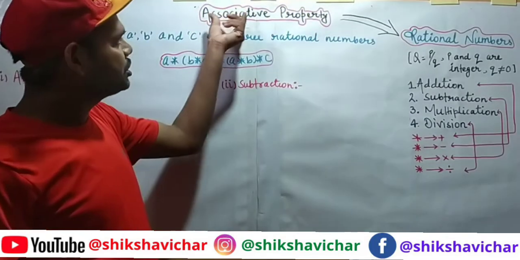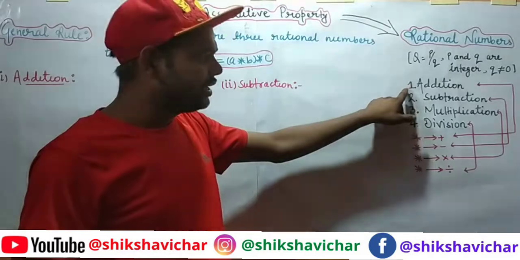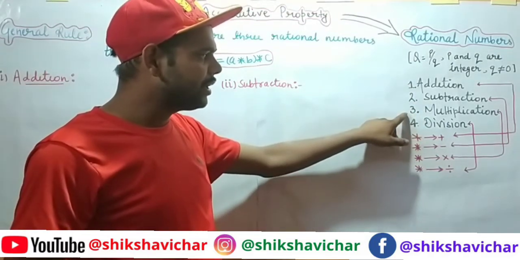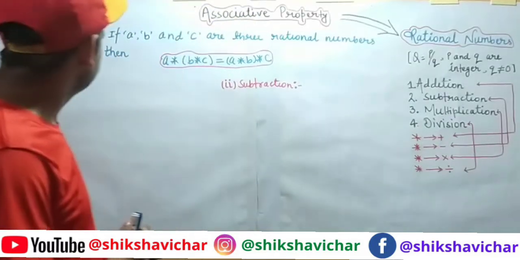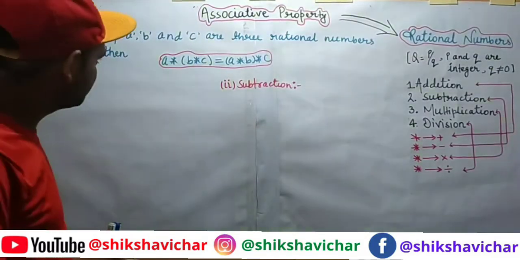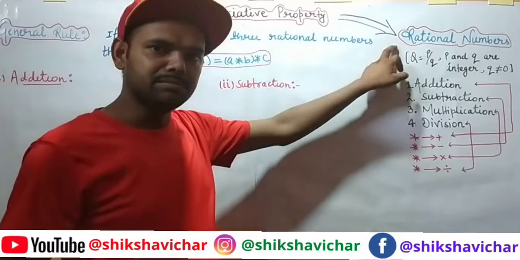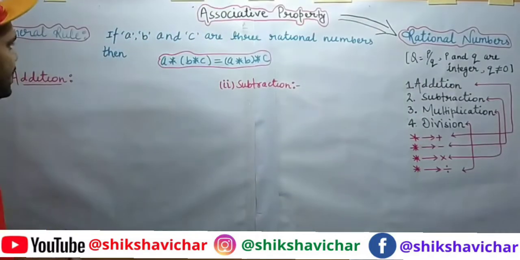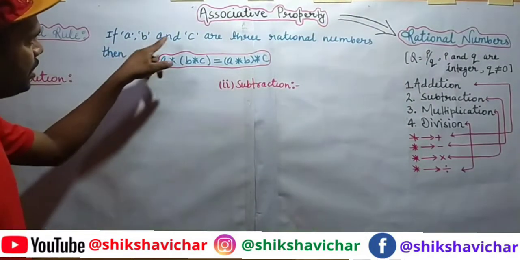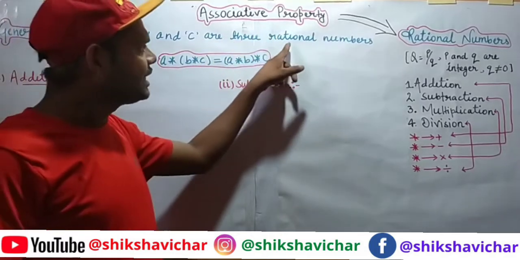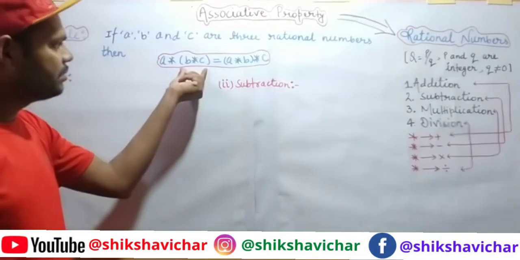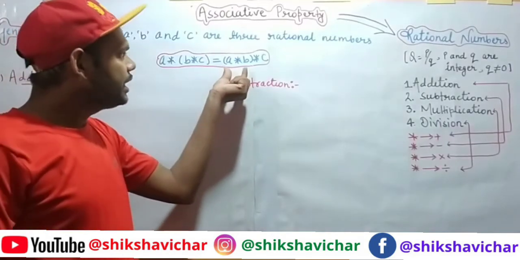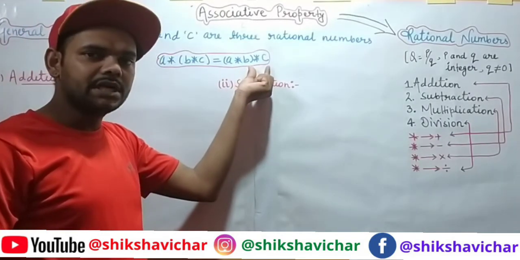We will discuss associative property with respect to addition, subtraction, multiplication and division. First of all, we have to discuss the general rule for associativity for rational numbers. So the definition says that if a, b, c are three rational numbers, then a star (b star c) equals (a star b) star c.